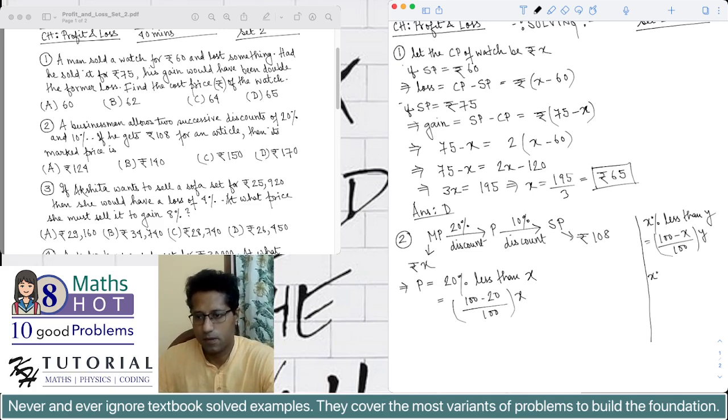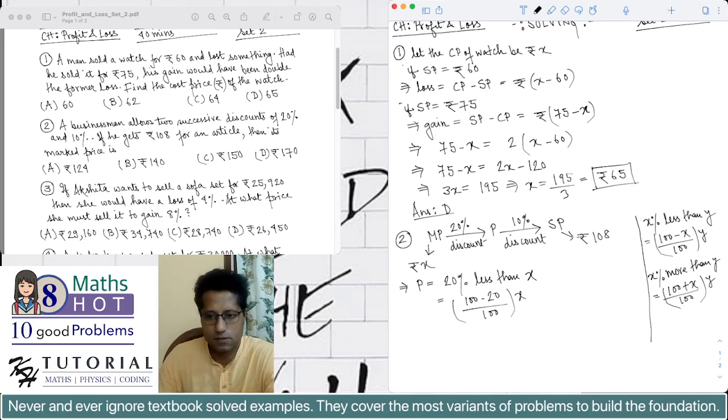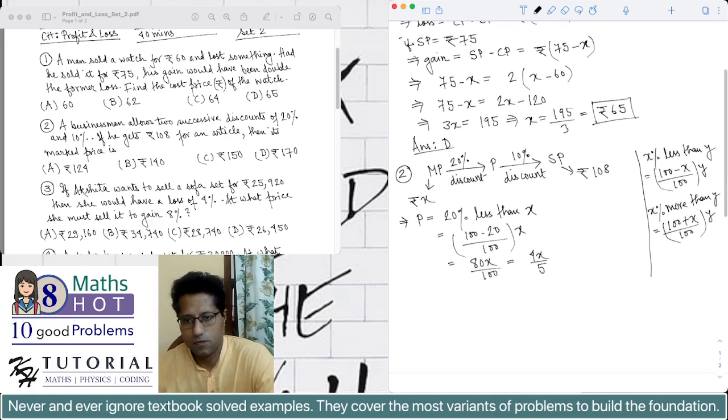Also x% more than y is equal to 100 plus x divided by 100 whole multiplied by y. Okay, so we have this. Now this is equal to 80x by 100, which after simplification is 4x by 5. Okay, so P is 4x by 5.